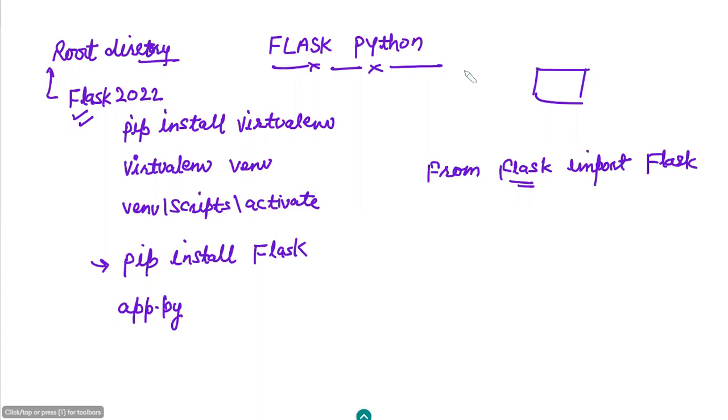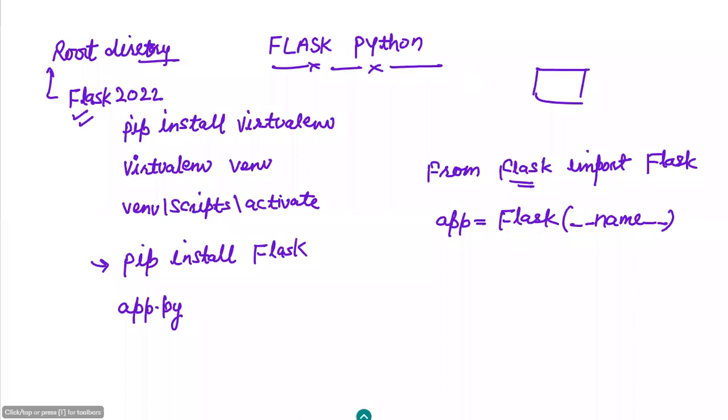After this, create an app variable of the Flask class, and inside it we are passing the argument name.